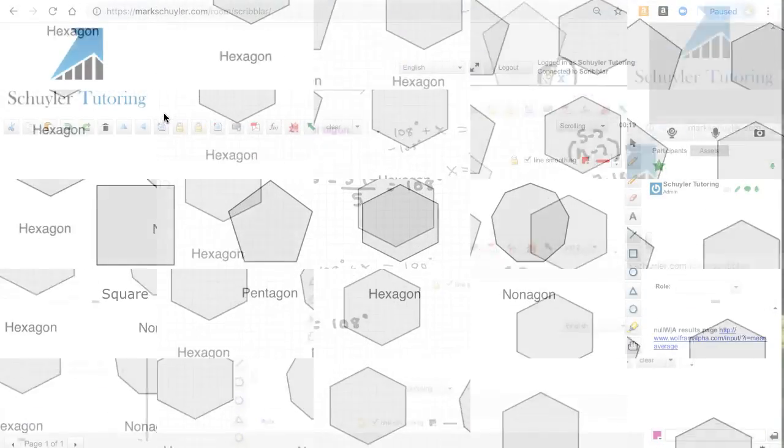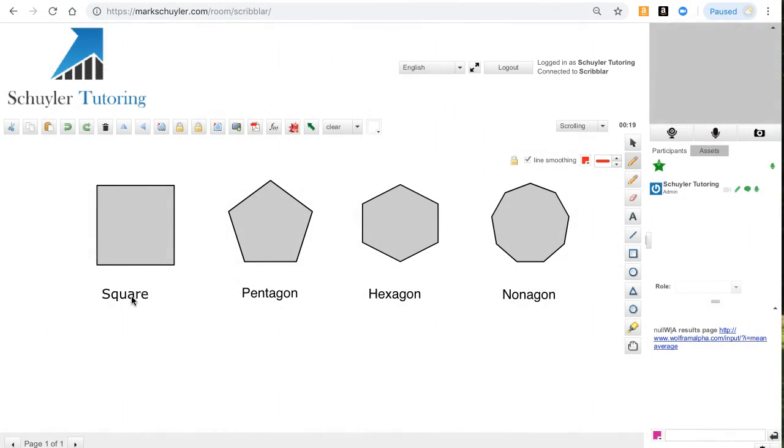Okay, so here's our last slide today. We have a square, a pentagon, a hexagon, and last but not least, a nonagon, a 9-sided shape. Yes, it really is a 9-sided shape. I have this slide here because I think it's really important to know where the formula n minus 2 times 180 comes from.